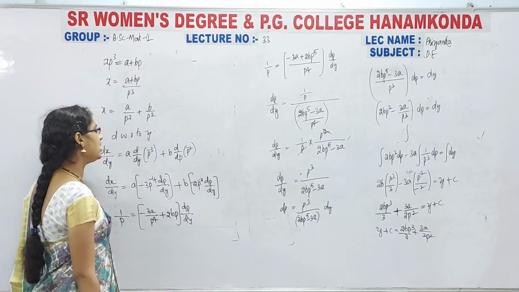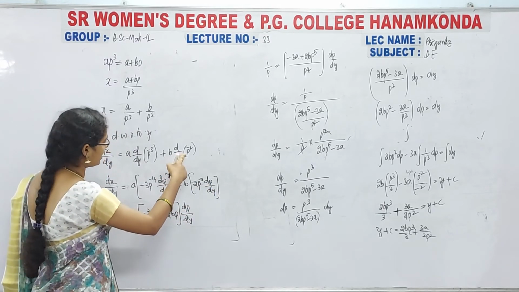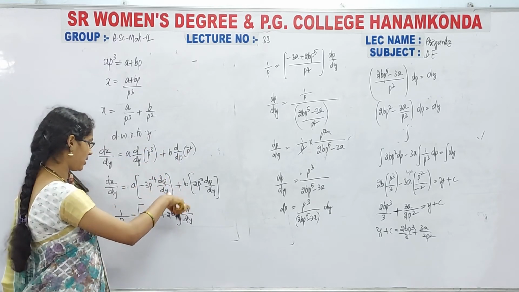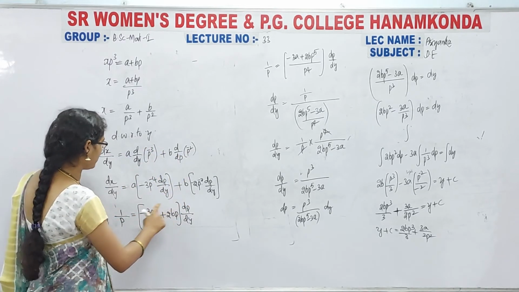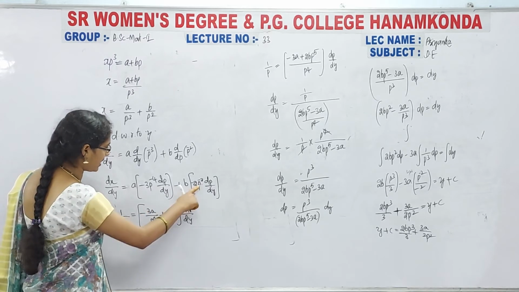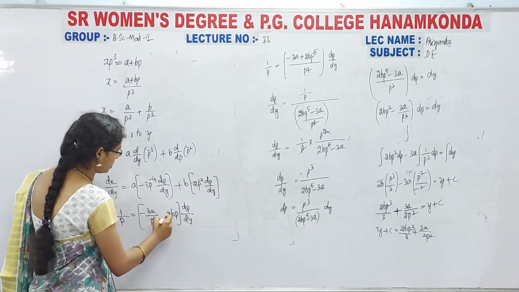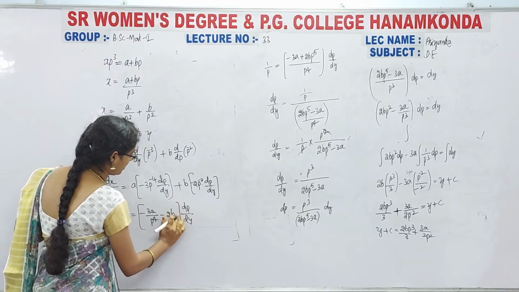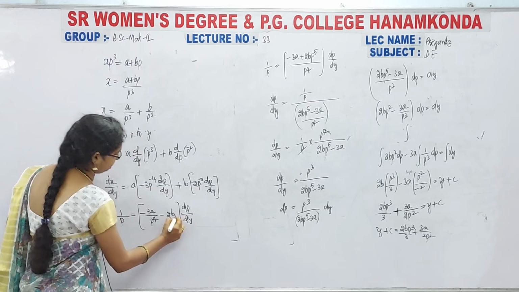So dp by dy. See here, I took plus instead of minus, so I got different values. So now it is nothing but minus 3a by p power 4, and here we have minus 2b p power, otherwise directly p cube.